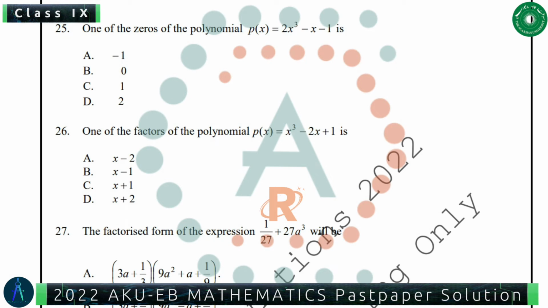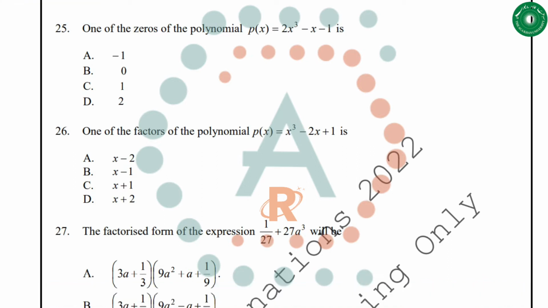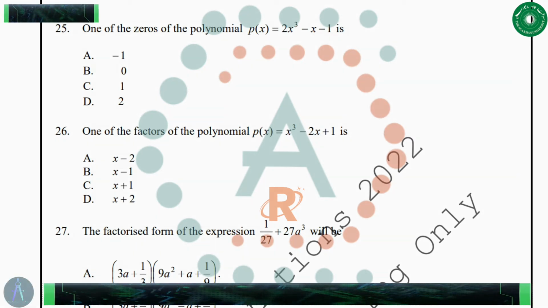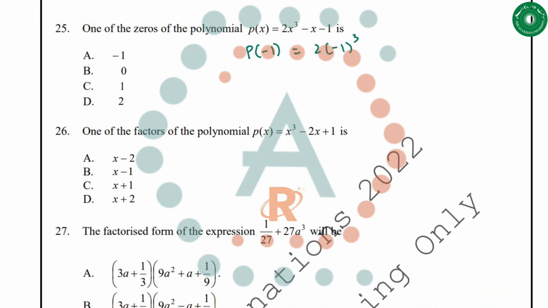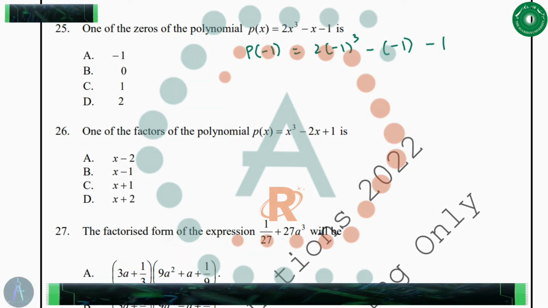So the correct answer will be option B, (p plus h minus 1) and (p minus h plus 1). Question number 25. One of the zeros of the polynomial 2x cube minus x minus 1. So what we have to do is put the values of x from these options in this polynomial p(x). Let's find p of minus 1. So when we put minus 1, 2 into (minus 1) cube minus (minus 1) minus 1.